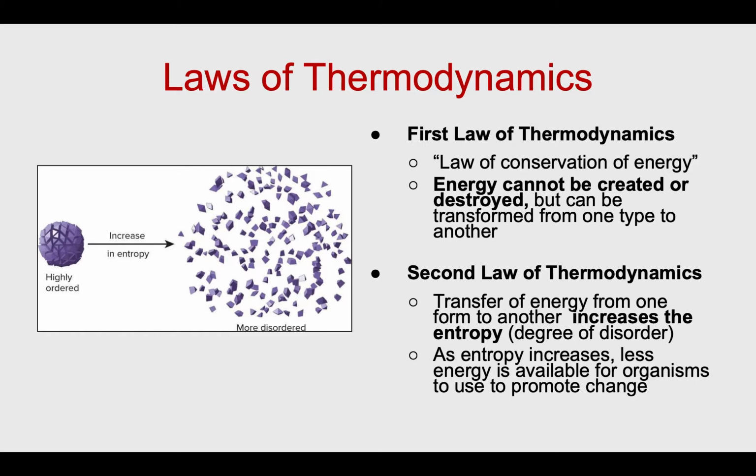But as it's transformed into another type, this is where the second law of thermodynamics comes into play. As we transform it from one form to another, it increases its entropy. Entropy is a degree of disorder. If we look at our image here, we can see as we increase our entropy, we're getting more disordered.